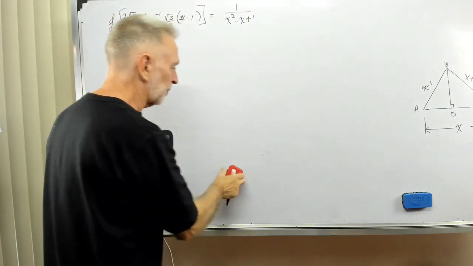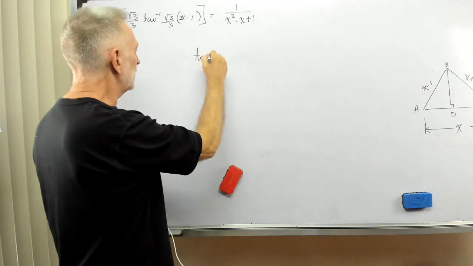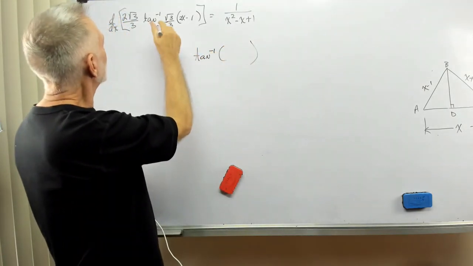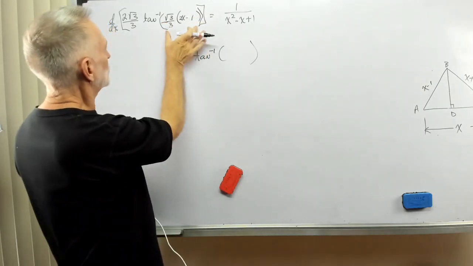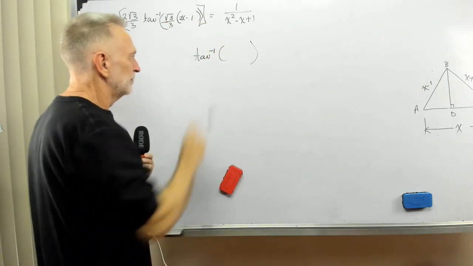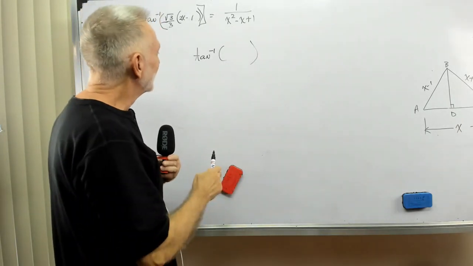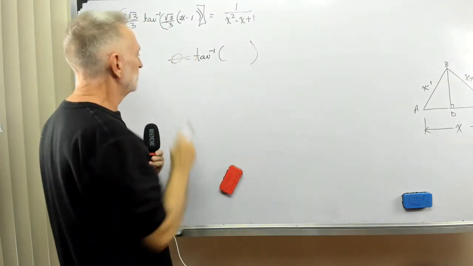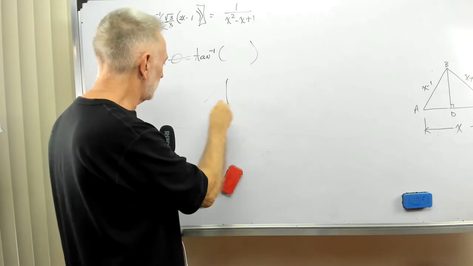The other thing we need to realize is that we have tangent inverse of something, and we have a lot of stuff in this parentheses right here. Tangent inverse of all of this stuff equals theta. Well, let's just challenge ourselves with that.